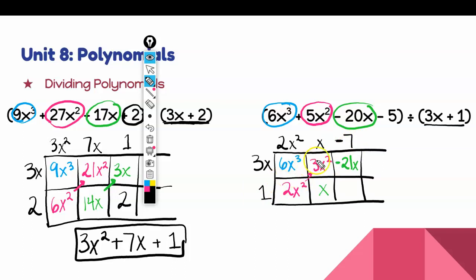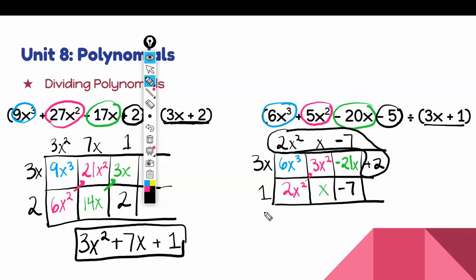And so then I continue. 1 times negative 7 is negative 7. And I do not have a negative 7. I have a negative 5. And to get from negative 7 to negative 5, I have to add 2. And so, here we end.